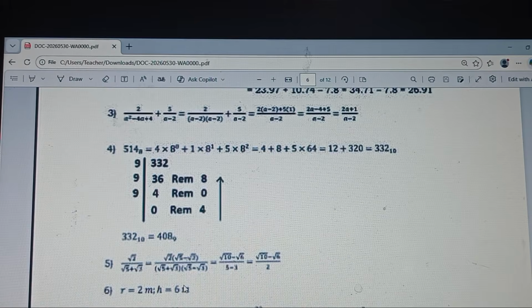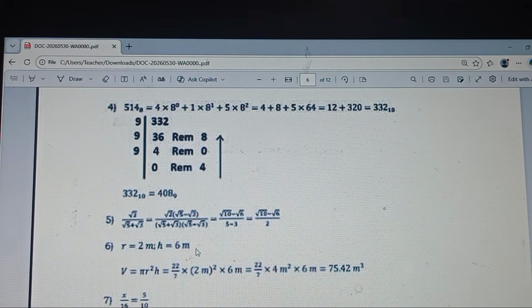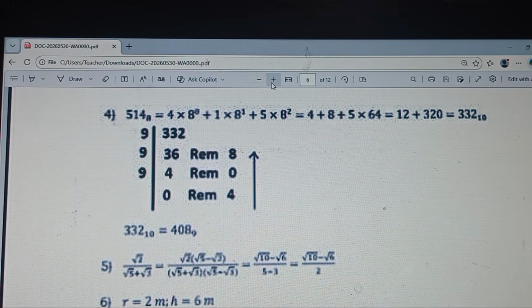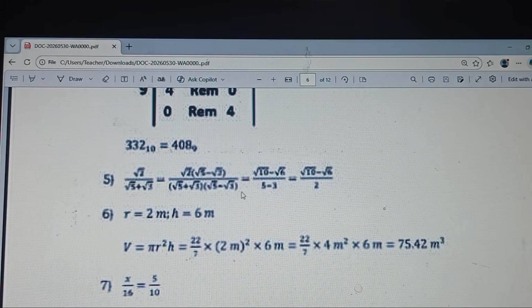Question number 5 is rationalize. For rationalize, here we have that question. When you rationalize, you multiply the numerator and the denominator by the conjugate of that denominator, and you will get that one. Remember the formula from polynomials: a square minus b square is equal to a plus b times a minus b.